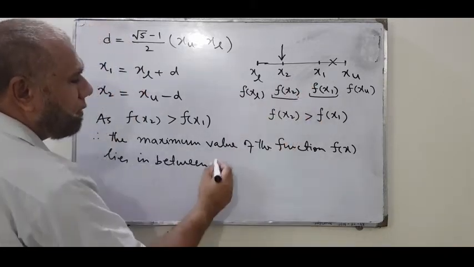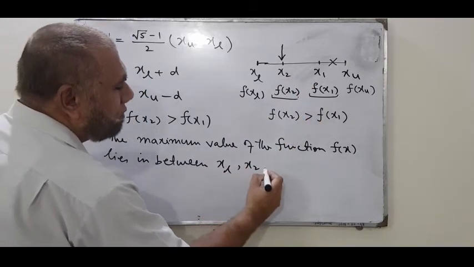You have to keep the order of these points: xl, x2 and x1.